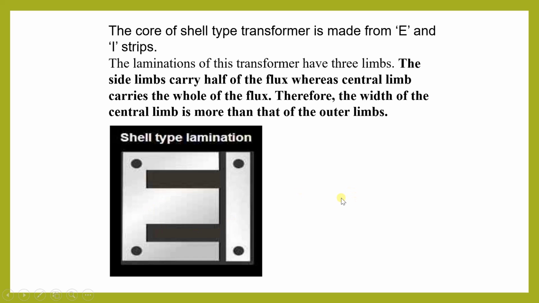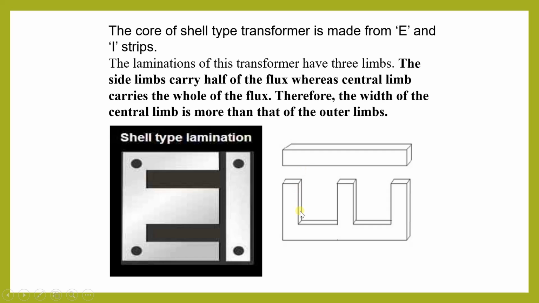The side limbs carry half of the flux, whereas the central limb carries the whole of the flux. Therefore, the width of the central limb is more than the outer limbs. These outer limbs are smaller as compared to the central limb because the central limb carries the full flux, as compared to the side limbs which have half the flux.